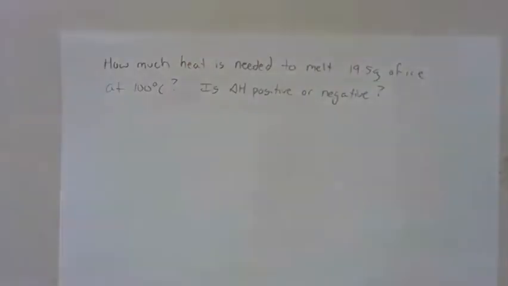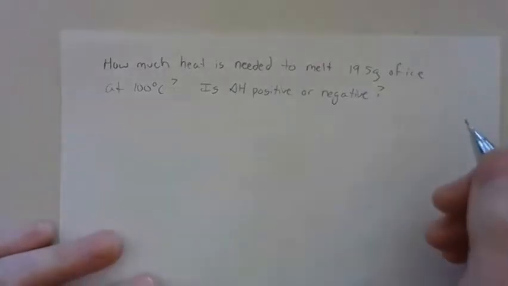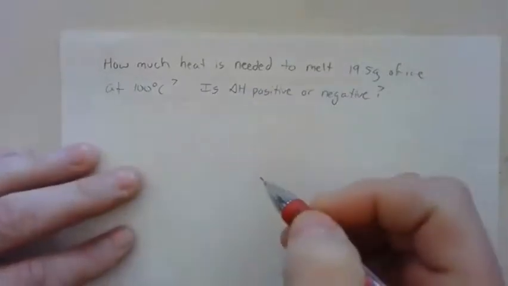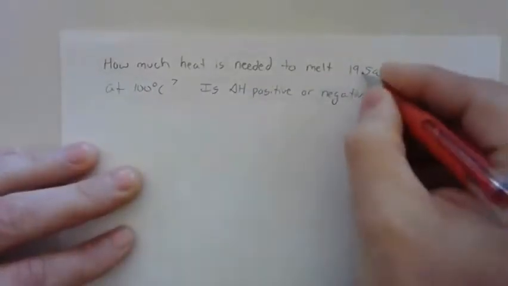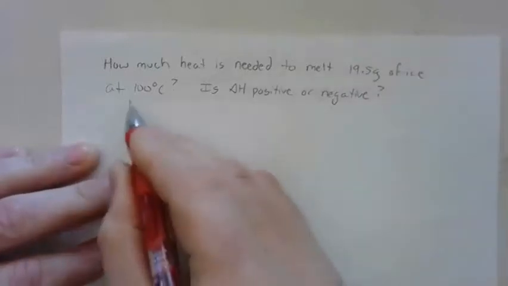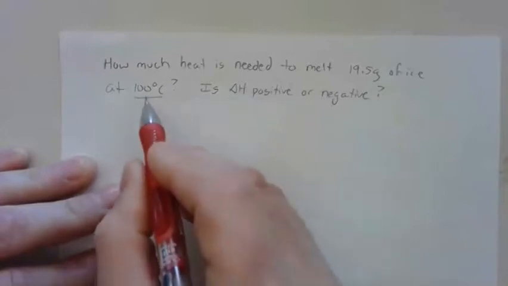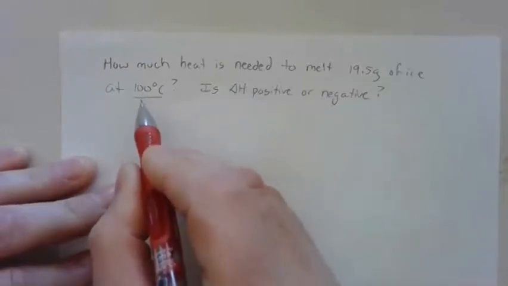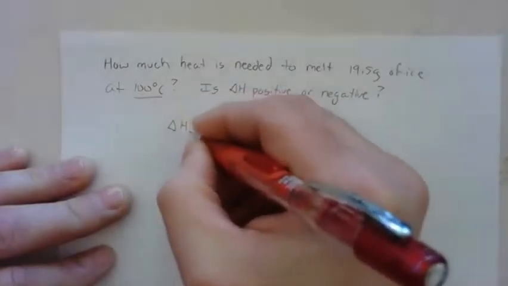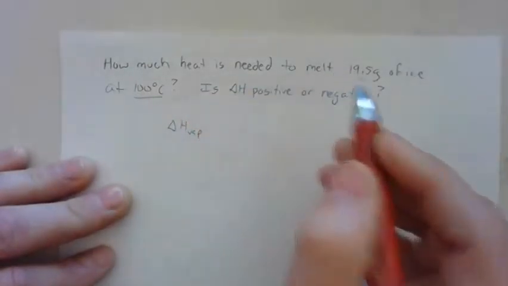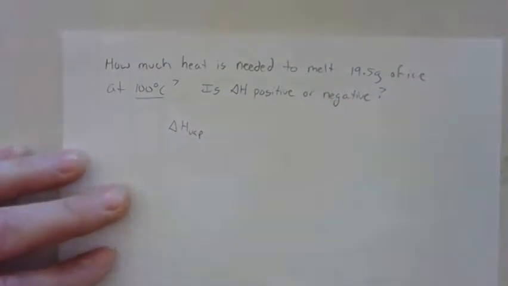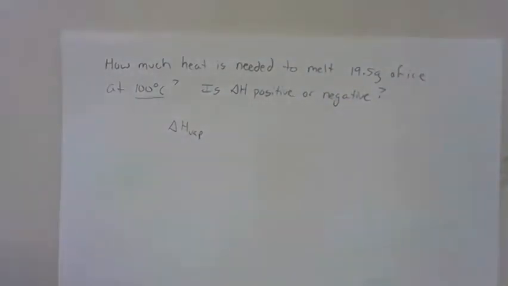So looking at a sample problem, we have right here: how much heat is needed to melt 19.5 grams of ice at 100 degrees. Now, the fact that it's at 100 degrees, that's not part of the calculation, but that's our clue that it's going to be delta H vap. I just noticed that there's a mistake.